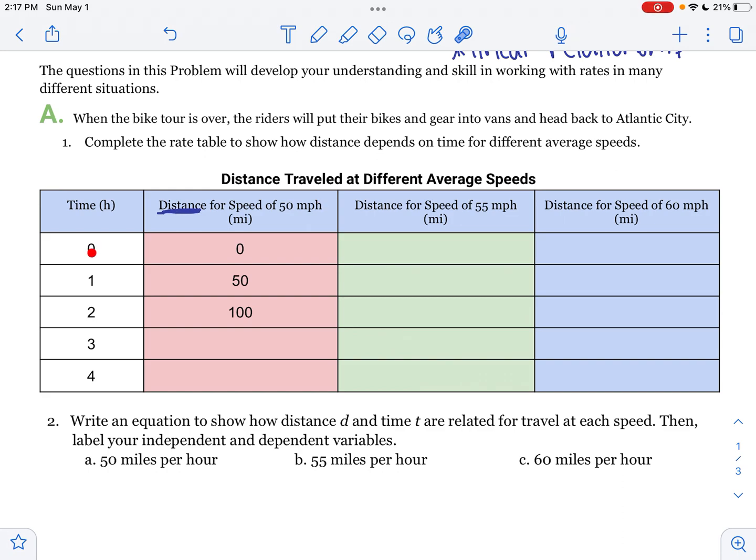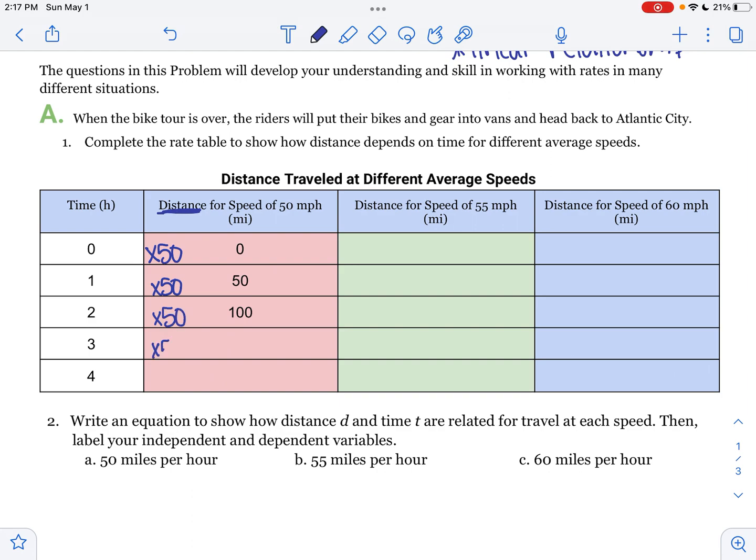At 0 hours, they wouldn't have traveled anywhere, so our distance would be 0. Traveling at 50 miles per hour after 1 hour, they've traveled 50 miles. After 2 hours, they've traveled 100 miles. Notice that the relationship between our time and our distance is that we're multiplying by 50.